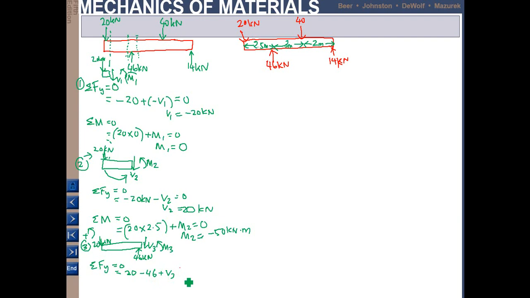If you consider going downward as positive, this one is 20 minus 46, and then plus V3.